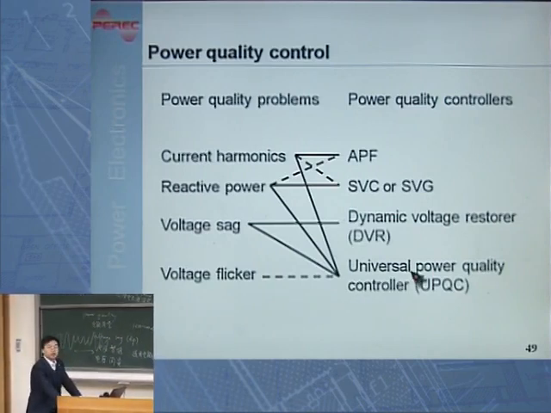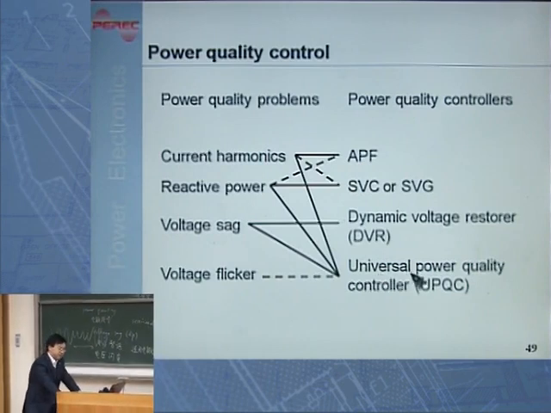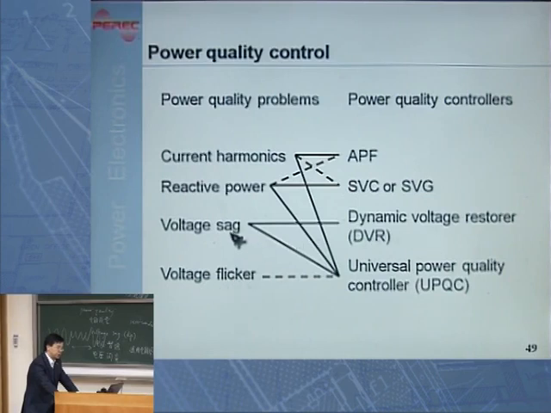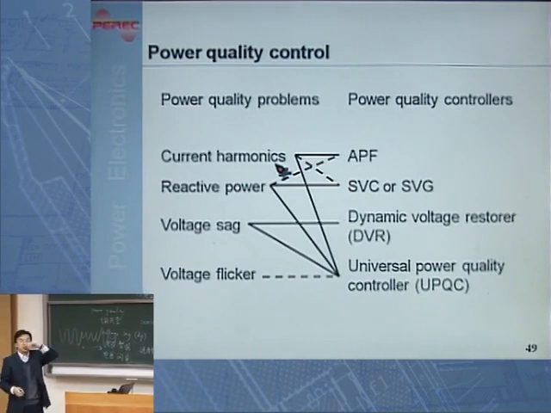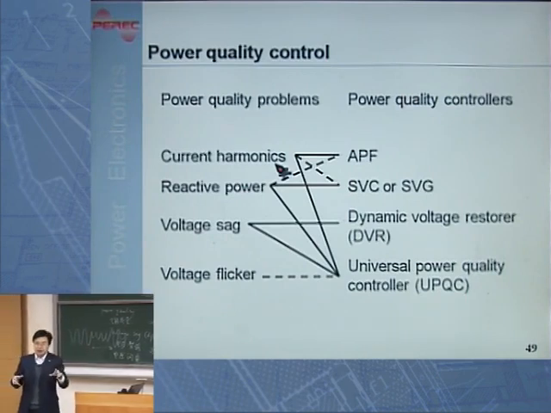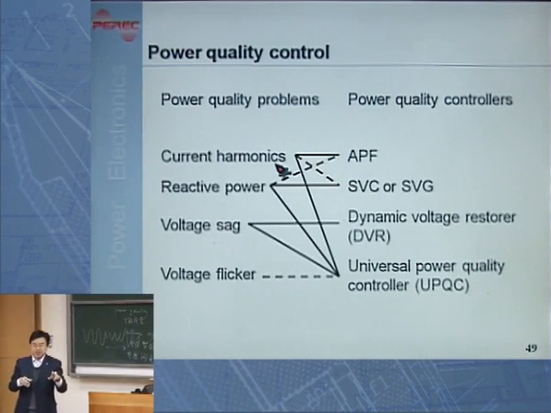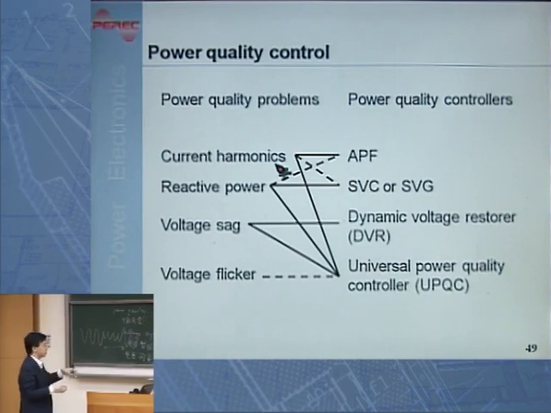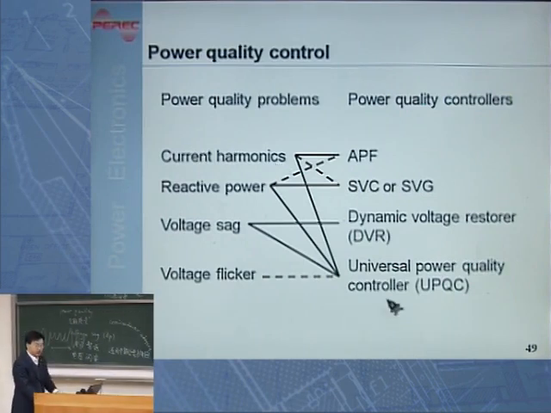Because it's called universal, that means it is able to deal not only with voltage flicker, but also voltage sag, reactive power, current harmonics, almost everything. And you can imagine that in order to deal with all these things, you have to have more converters. So actually this universal power quality controller has 2 combined power converters, each one dealing with some of these listed here.